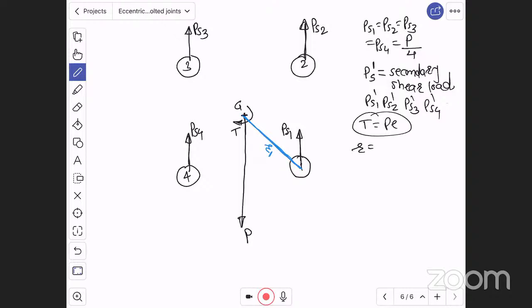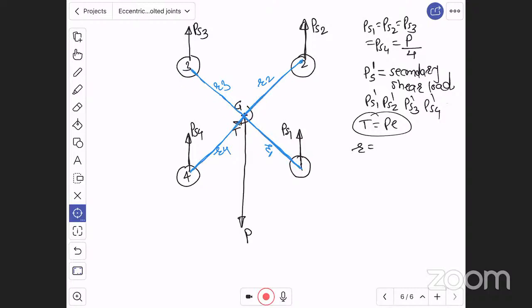Again R2, the center of bolt 2 from the center of gravity of all the 4 bolts together. Again R3, center of bolt 3 from G. Again R4, center of bolt 4 from G. Now we have calculated distances R1, R2, R3, R4, each measured from G to the center of that bolt.